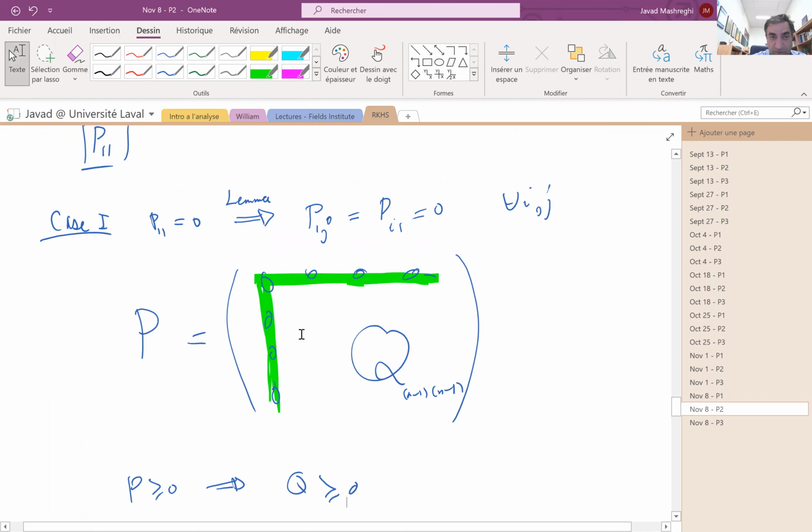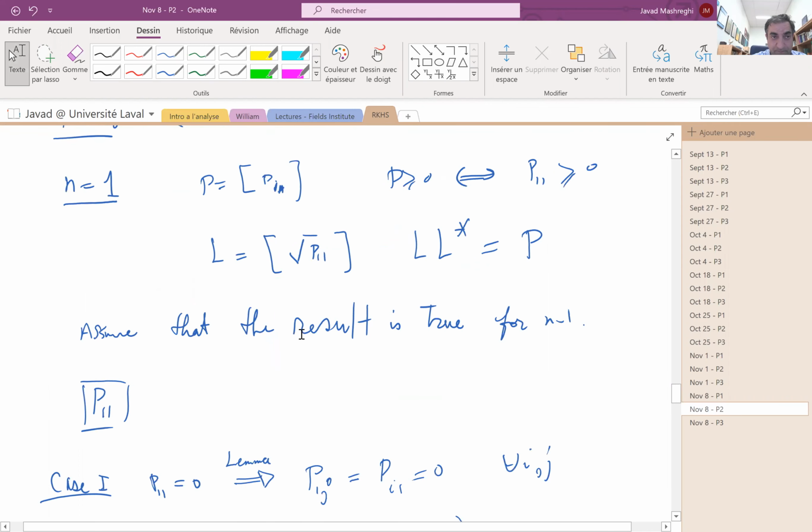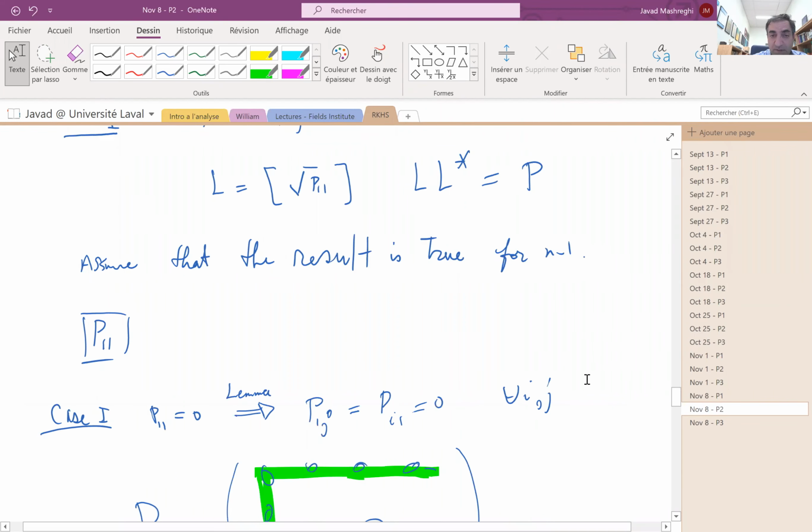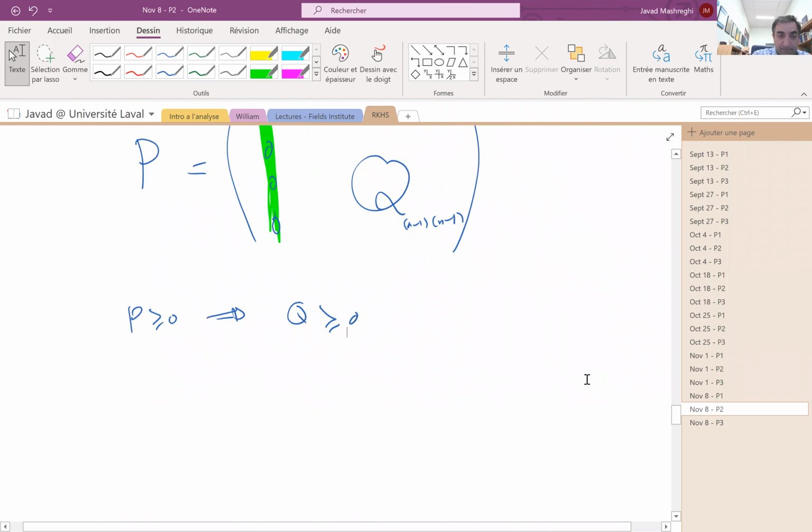We can use our induction hypothesis. For n minus 1, the decomposition works.